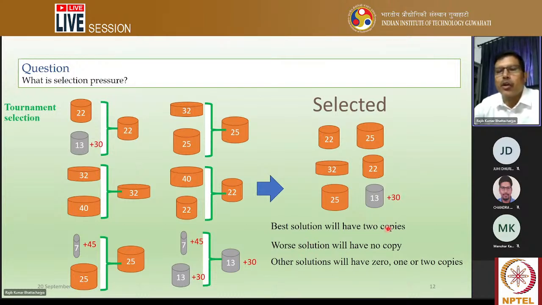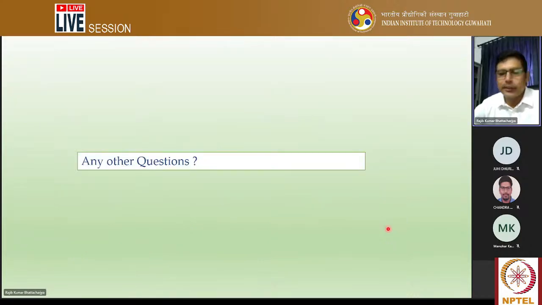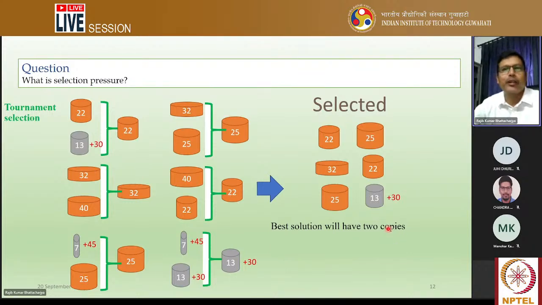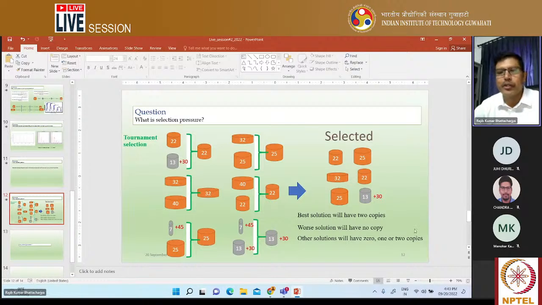That is not good. So we will use a tournament size of either 2 or 3, and we will not select more than that. This is all I would like to discuss, and if you have any question, you can ask me. I will answer those questions.